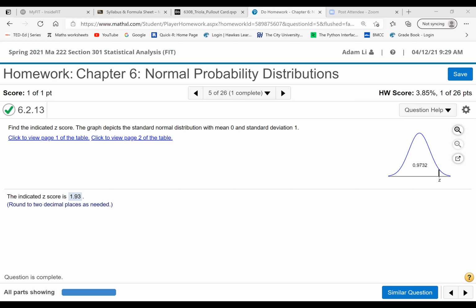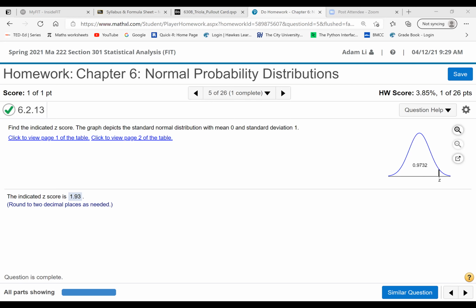This is 85 here, so X equals 85. What's the probability of a randomly selected adult having an IQ score below 85? We want to find the area under this region, to the left of IQ score 85.